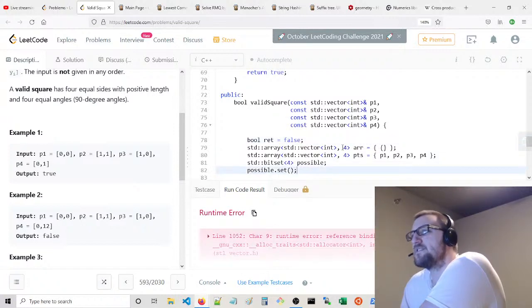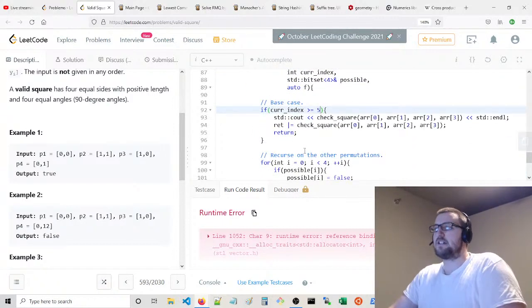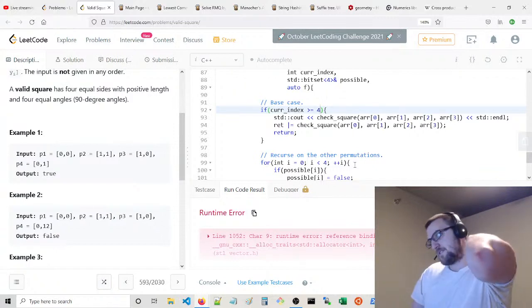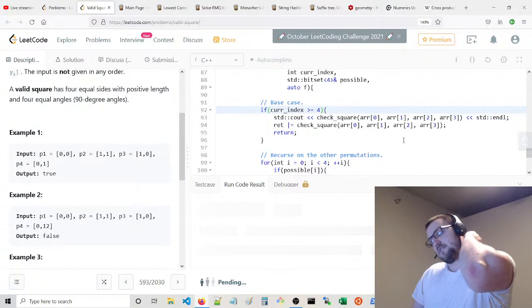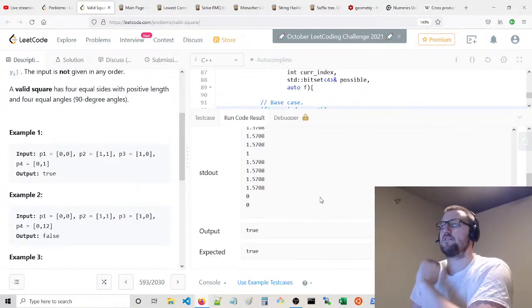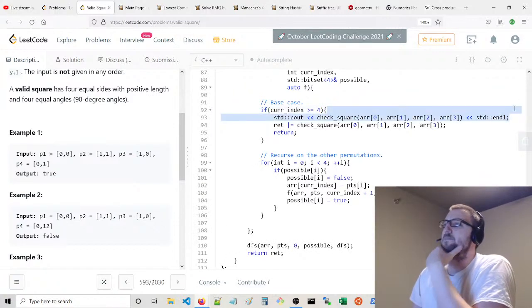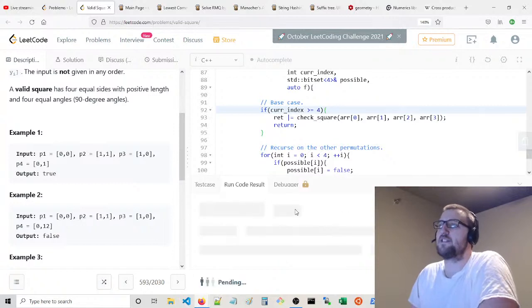Runtime error. Nice. Okay. I think it's 4 that we're looking for here, by the way. There we go. And that works. Alright. Oh boy. No kidding.